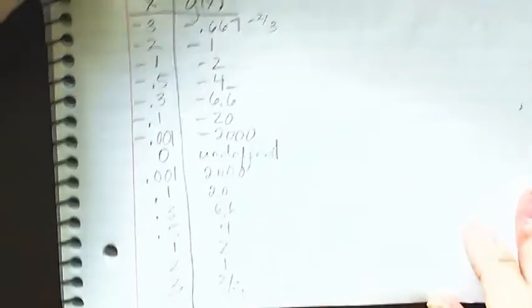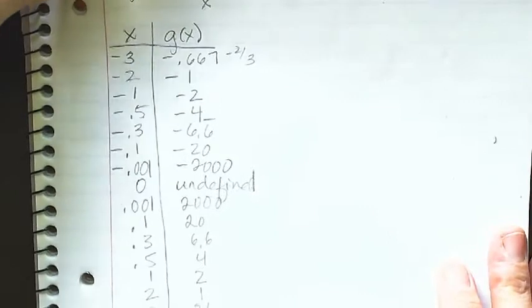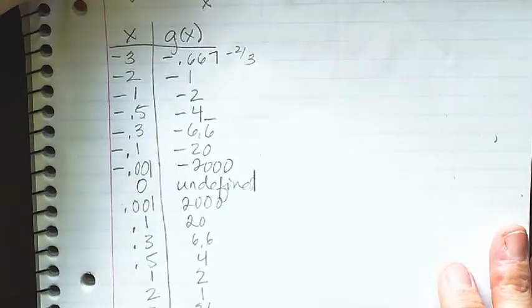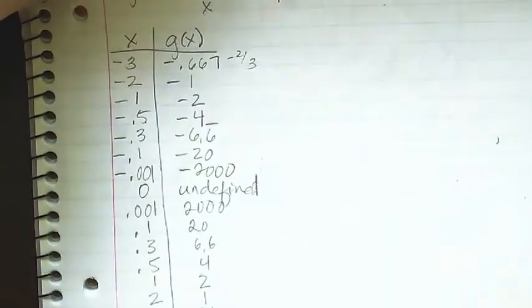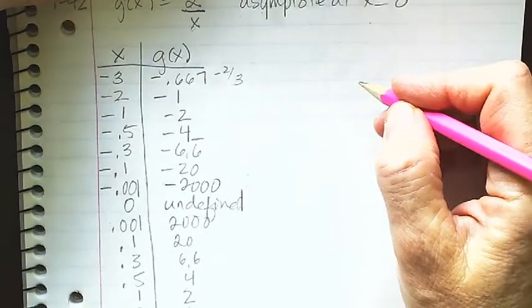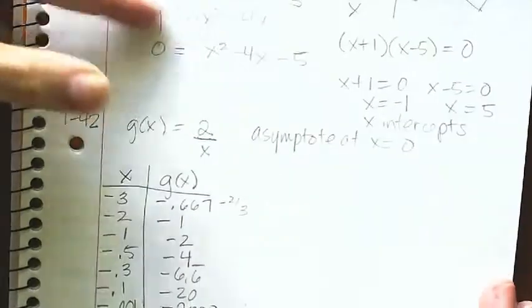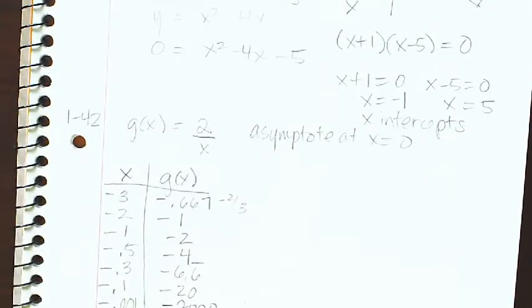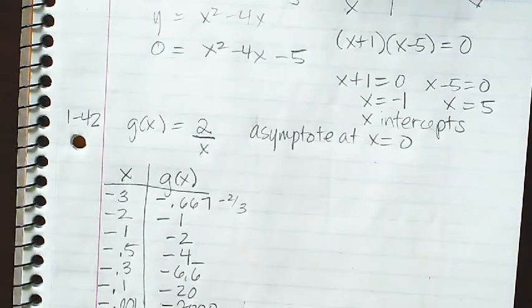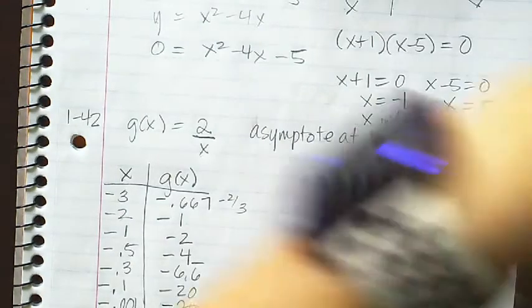Okay. So we have to do a graph. So I'm just going to, I don't know, I might use graph paper for this. I think I am going to use graph paper. Let me get some. Here it is.